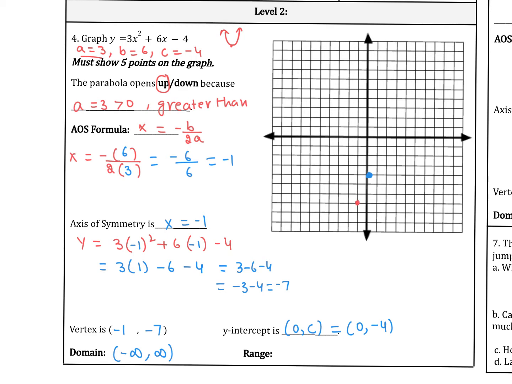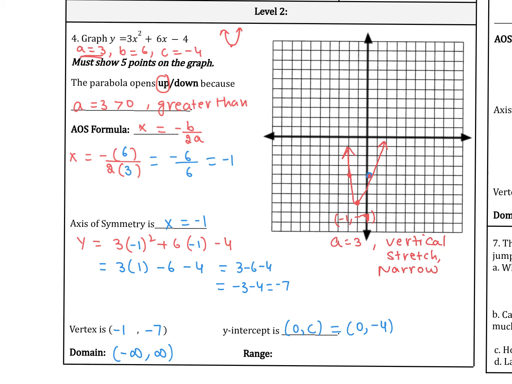You're going to mirror the point onto the other side, and that's going to be your graph. It's a vertical stretch graph. If a is greater than 1, so a is 3, it means it's a vertical stretch, or in other words, a narrower graph.